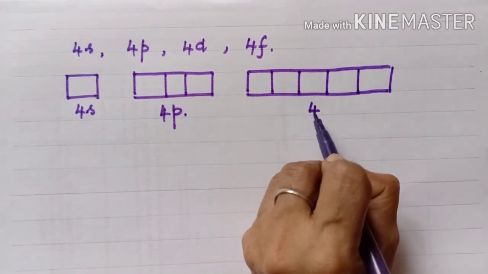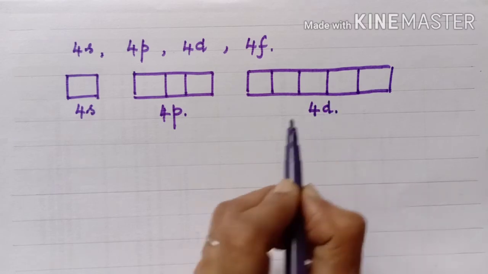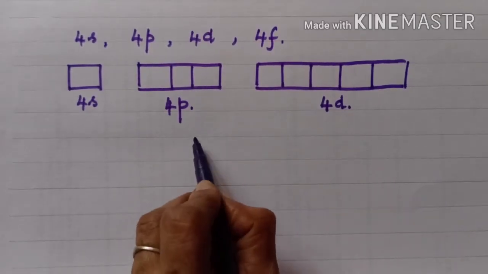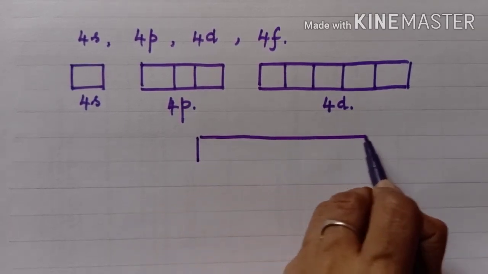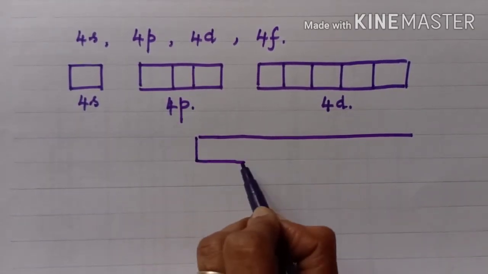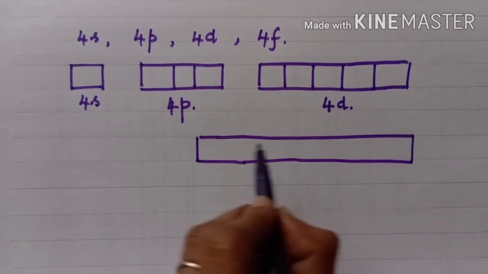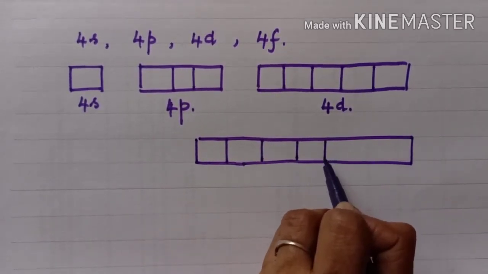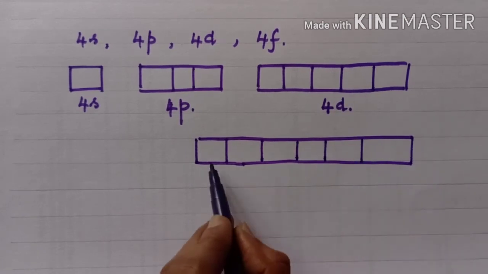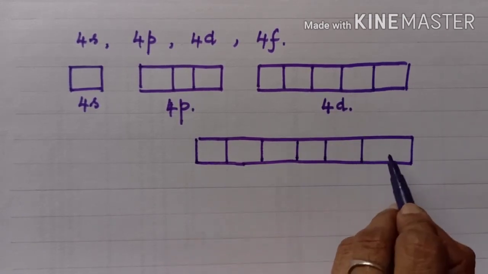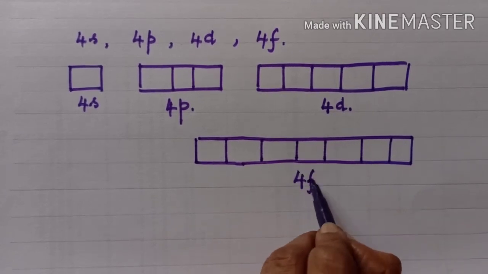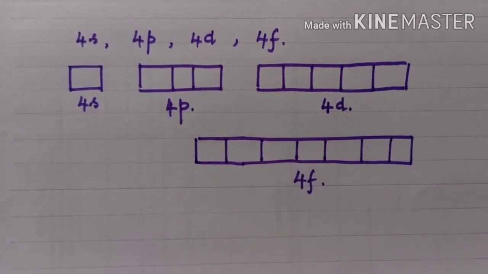There are 7 different types of 4f orbitals: 1, 2, 3, 4, 5, 6, 7. So 4f has 7 different varieties.